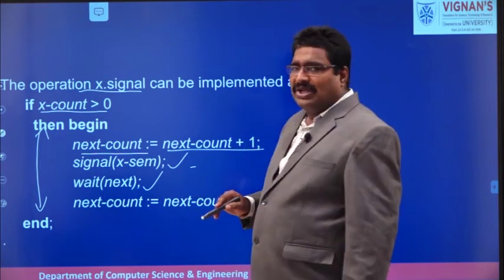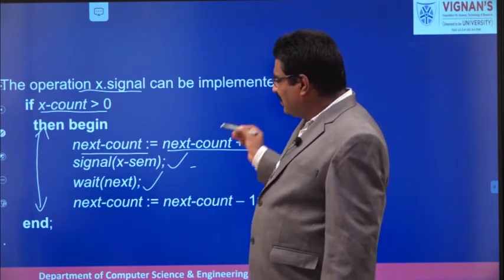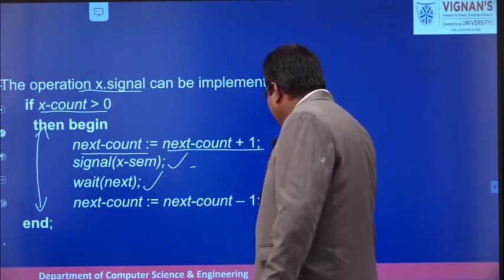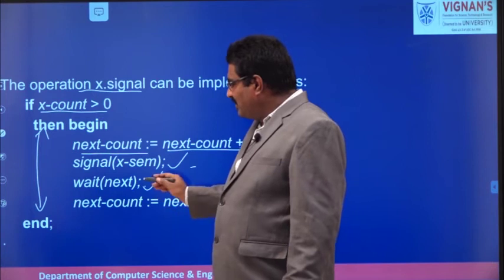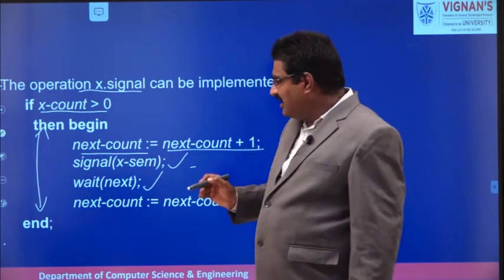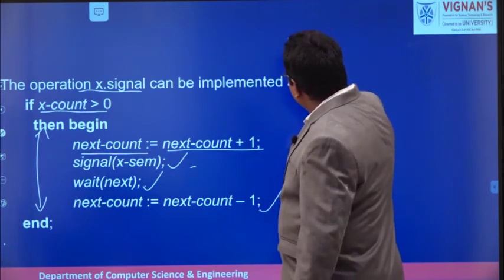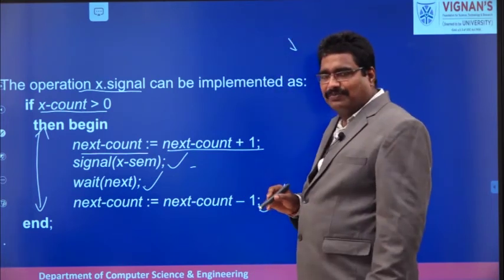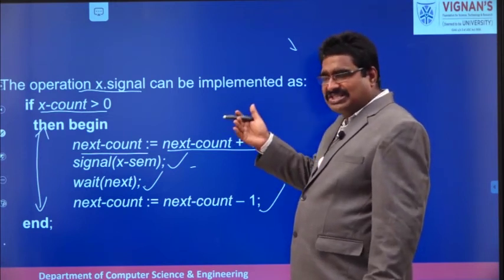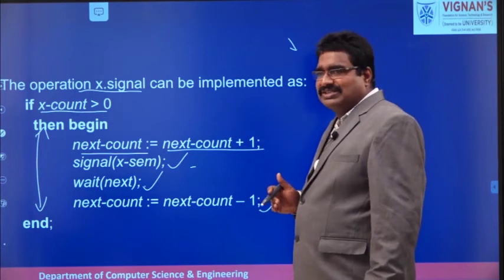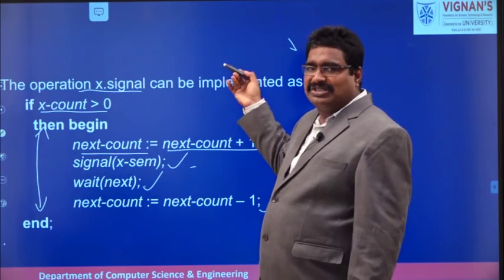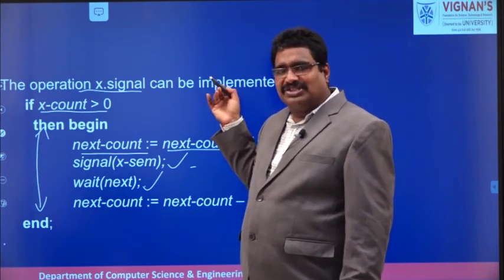If any other process is waiting, the signaling process needs to wait. For that reason, it gives wait next, and next-count is decreased by 1. Why do we call wait next? The need for wait next is this: if a process invokes another process, for example, process P1 is executing and it allows process P2 to continue execution in the critical section, then P1 must wait until P2 completes its execution or is terminated.